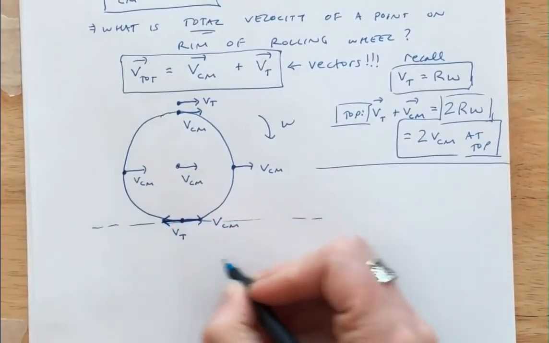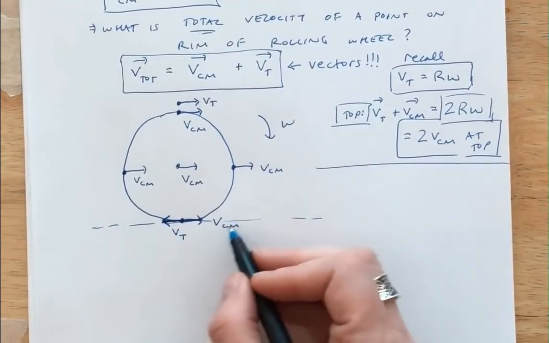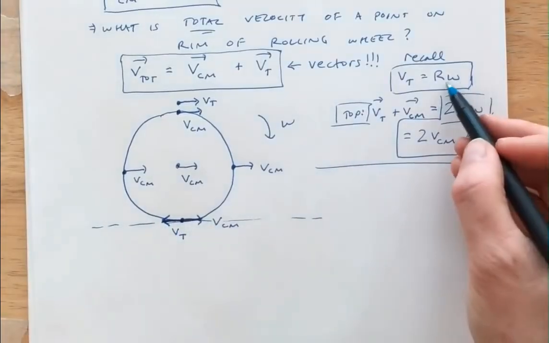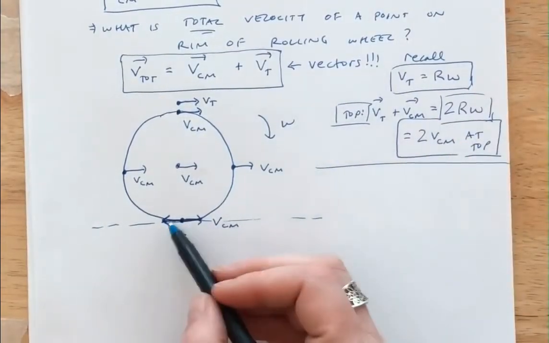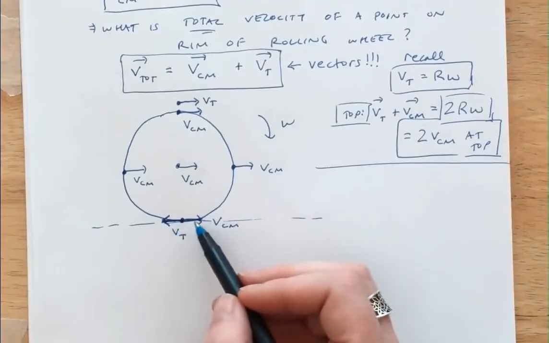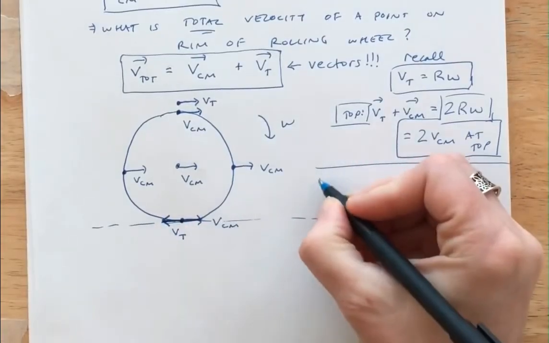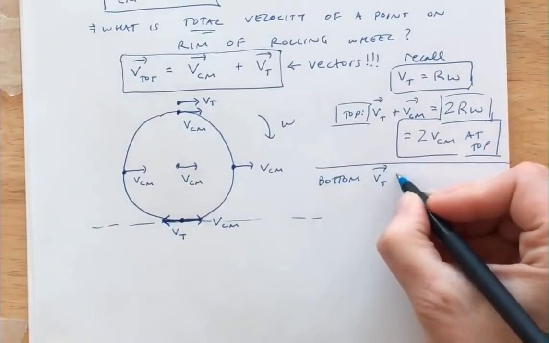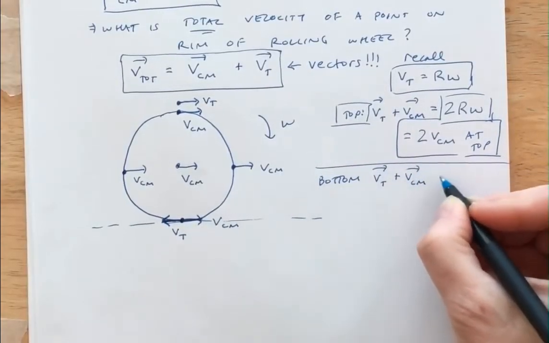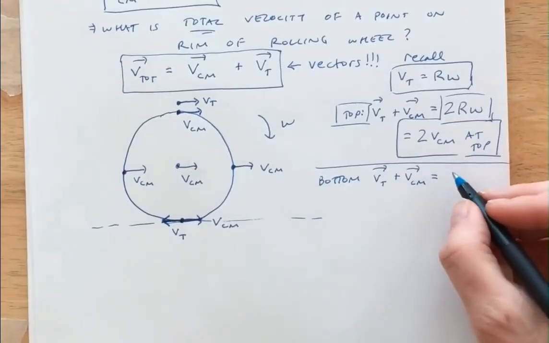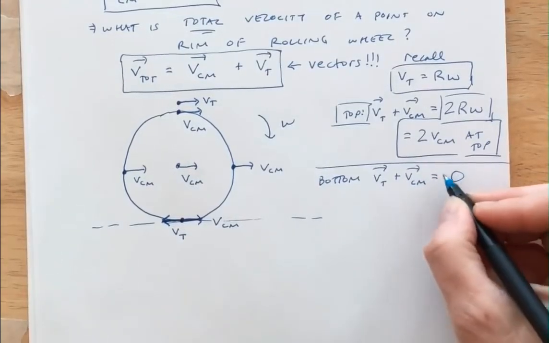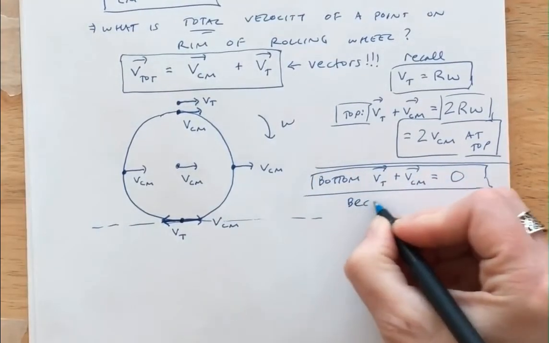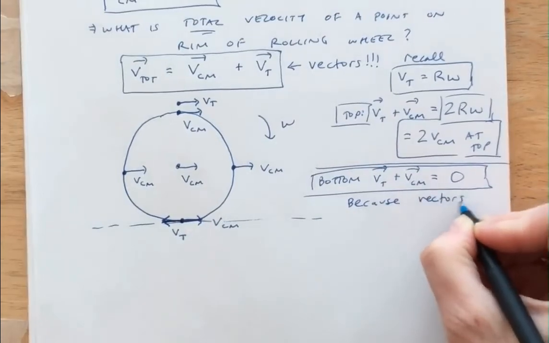So there would be v sub t, the tangential velocity at that point. Again, the magnitudes are both r omega, but now they're vector additions, so they point in opposite directions. So at the bottom, we get a very different result. The tangential velocity plus the center of mass velocity vectors is going to be equal to 0, because the vectors cancel.